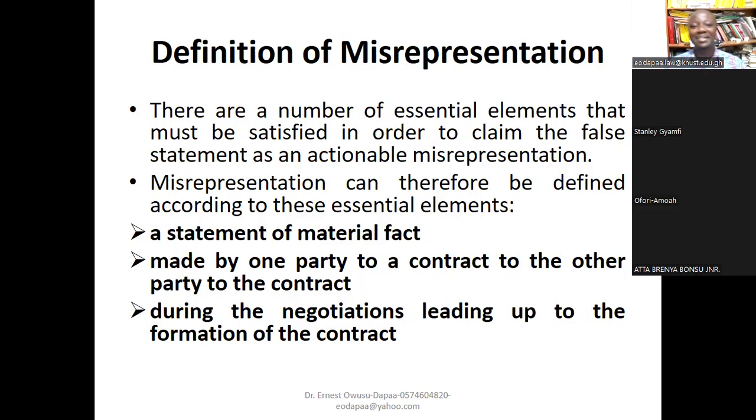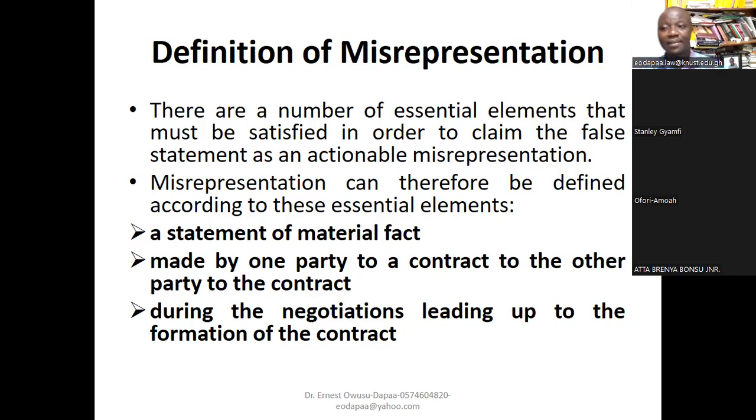Good. We've discussed the essential elements of misrepresentation. And you said that if you are trying to understand misrepresentation, we must be thinking of it in terms of a statement of material fact. That is, did the other party make an important statement?